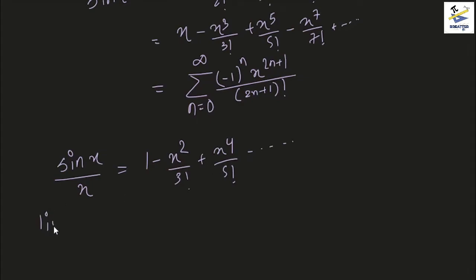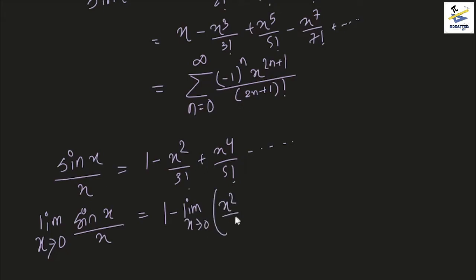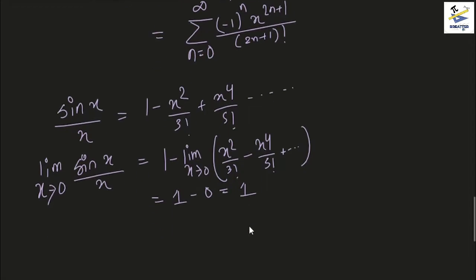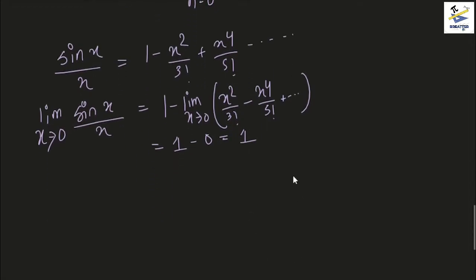So if you apply the limit to both sides of this equation, limit of sin x by x would be 1 minus limit x tends to 0 of x square by 3 factorial minus x to the power 4 by 5 factorial, and so on. It would be 1 minus 0, or it would be 1, right? Okay. So this gives me the result that I wanted to prove, that limit x tends to 0 sin x by x is 1, and we have seen a few results where we can use it as well.